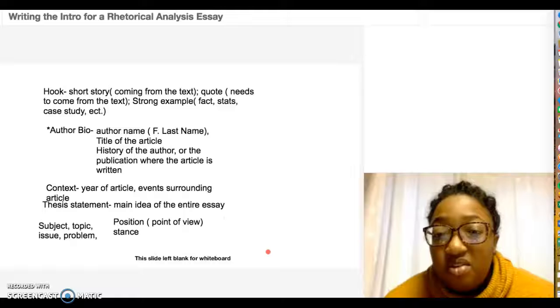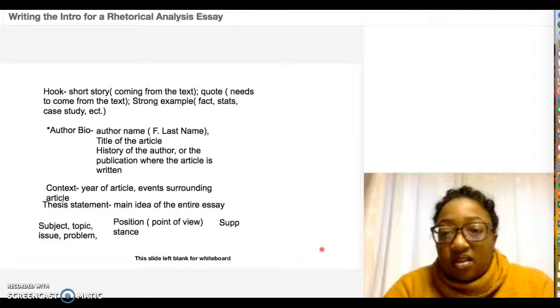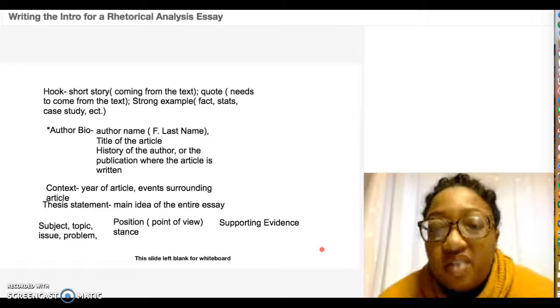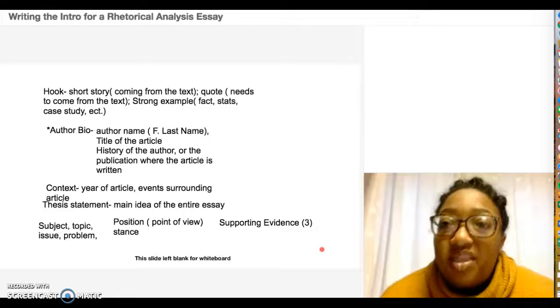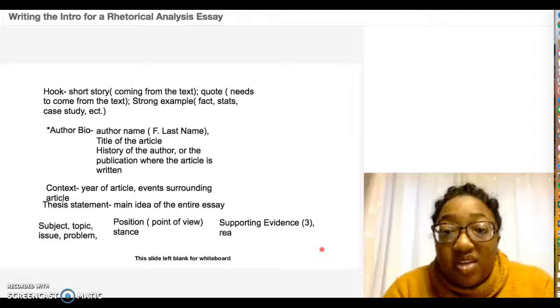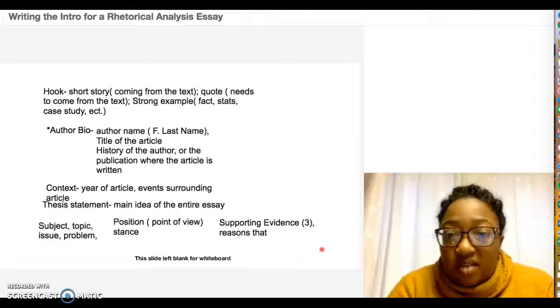Finally, the last thing that you need to make sure that you have in a thesis statement is your supporting evidence. And that supporting evidence typically comes in groups of three. So you want three things that can either be the supporting evidence or they are the reasons that back up your position.